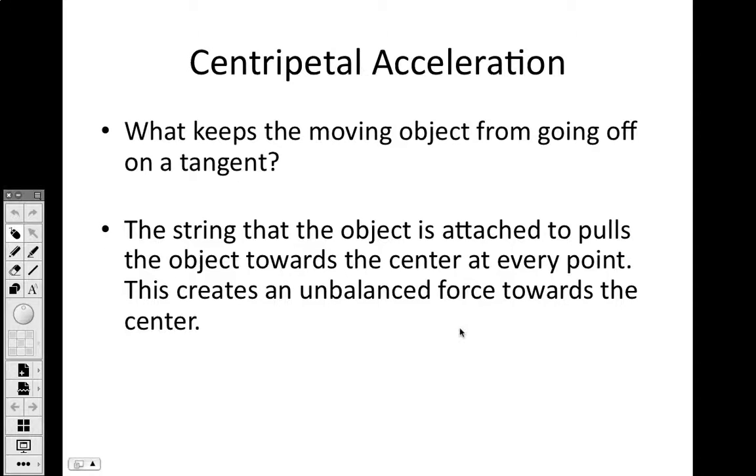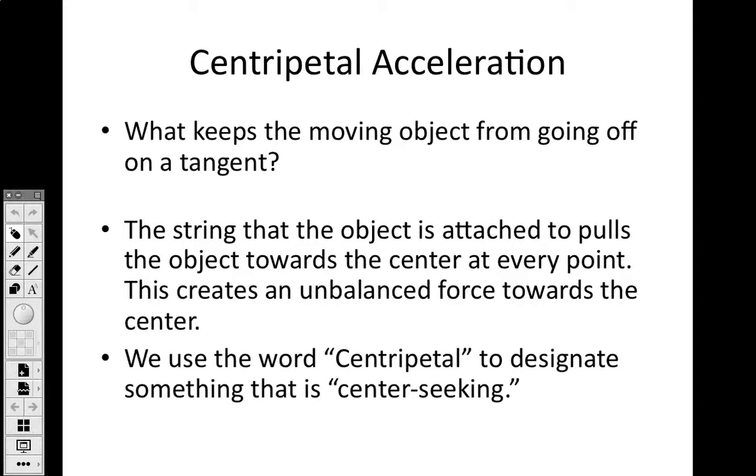Now, if you think back to Newton's second law, an unbalanced force causes acceleration. So the unbalanced force in this case is the force that's pulling the object towards the center. And that's where we get our centripetal acceleration. Whenever we use the word centripetal, it means something that is center seeking, or something that's going towards the center.